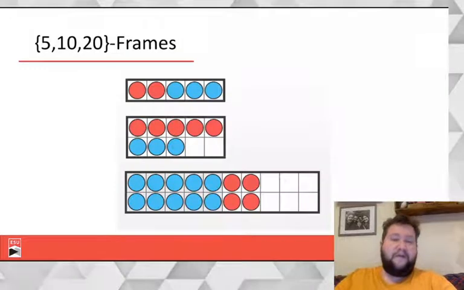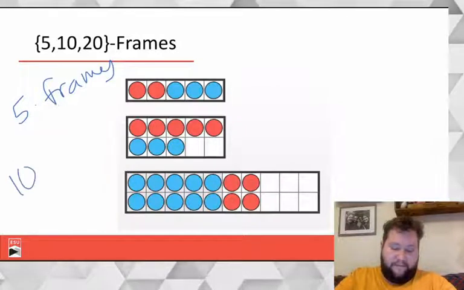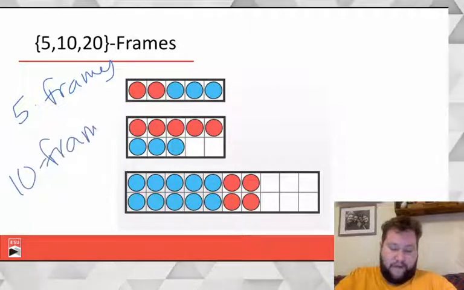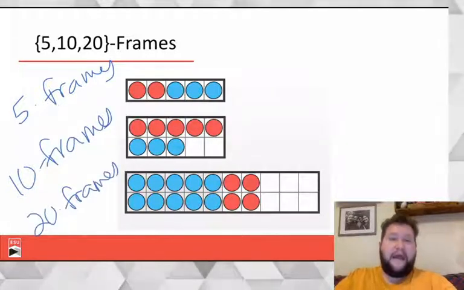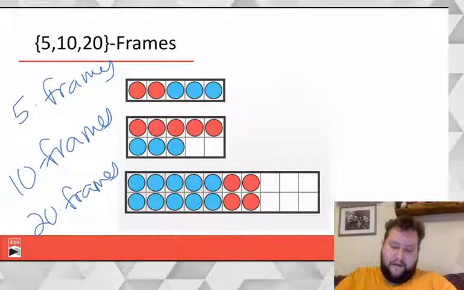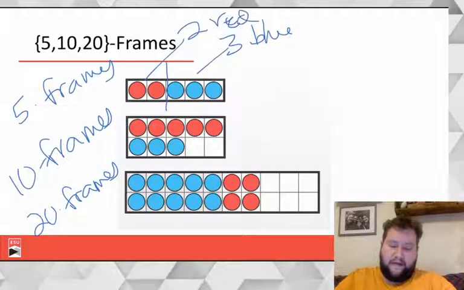And so we can also see these things here are called 5 frames, 10 frames, and 20 frames. In this first one, you see that there are 3 blue and 2 red. And so this gives children a way not to count one by one, right?